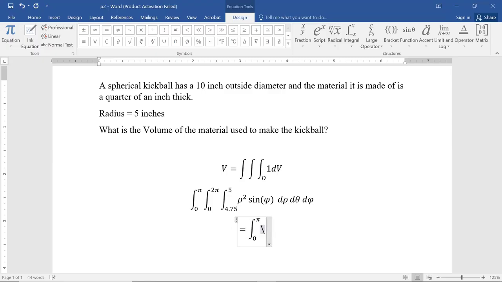My second integral goes from 0 to 2 pi, and my outside integral from 0 to pi. When I integrate from 4.75 to 5, rho squared d rho, I get 1,141 divided by 192. And then the sine of phi just stays put.